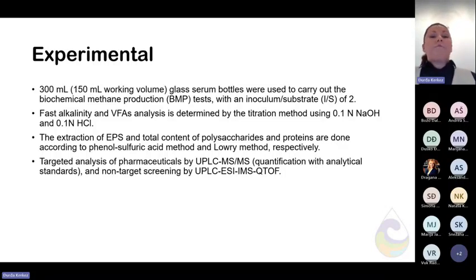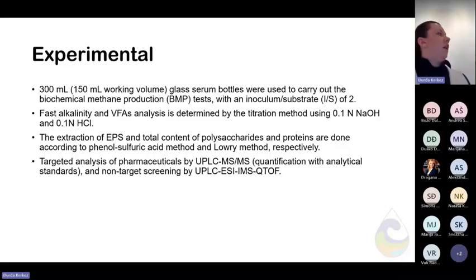Besides many ordinary parameters such as phosphorus, metals and nutrients, we also determined and followed alkalinity and volatile fatty acid analysis by titration methods. Also, the extraction of extracellular polymeric substances and the total content of polysaccharides and proteins were done according to the well-known phenol-sulfuric acid method and Lowry method, and the analysis was done spectrophotometrically.